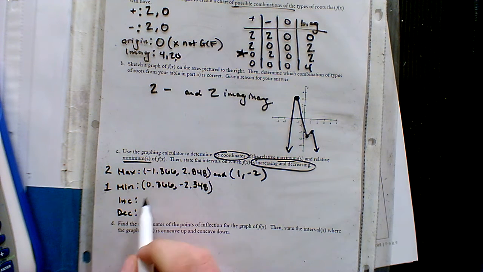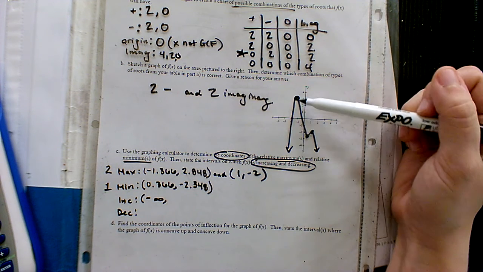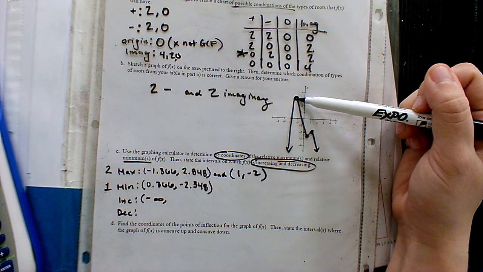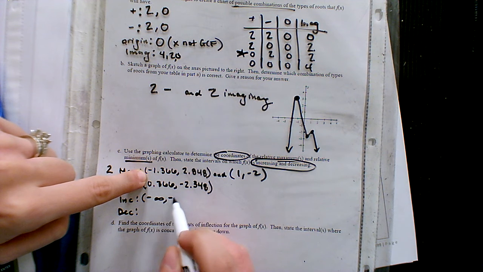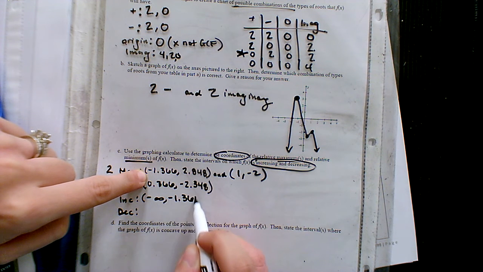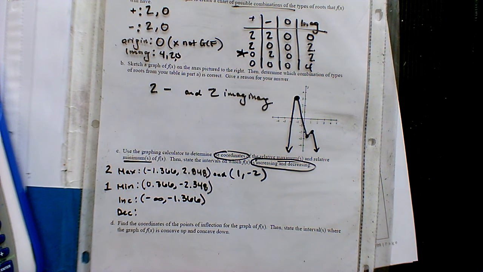So in terms of our interval, we'd be increasing from negative infinity, all the way to the left, until we reached the first maximum, which had an x-coordinate of negative 1.366. So that's where our increasing interval has to end, wherever that maximum is located.